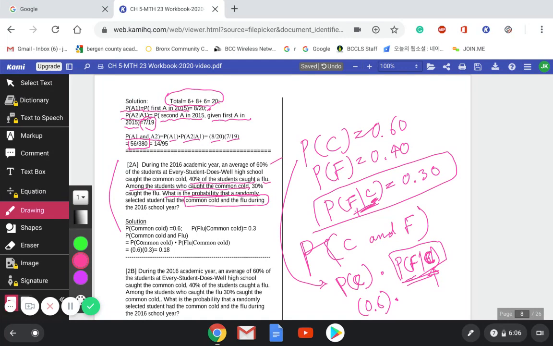That was 0.3. So 0.6 times 0.3 would be 0.18. Okay, so that's how you got that. Depending on what is given to you, you have to use that number carefully. Does this make sense? Okay.